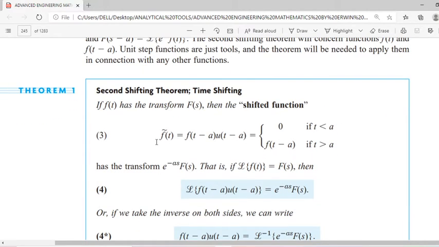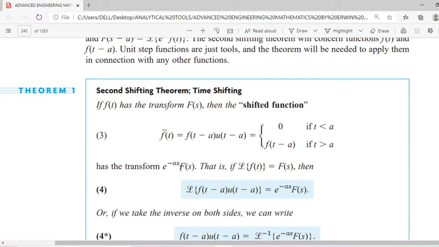So let f tilde of t equal f of t minus a into u of t minus a. That equals 0 for t less than a, because u of t minus a is 0 there, and it is f of t minus a for t greater than a, because u is 1 there.